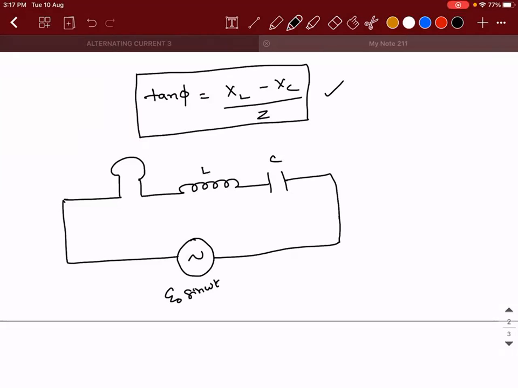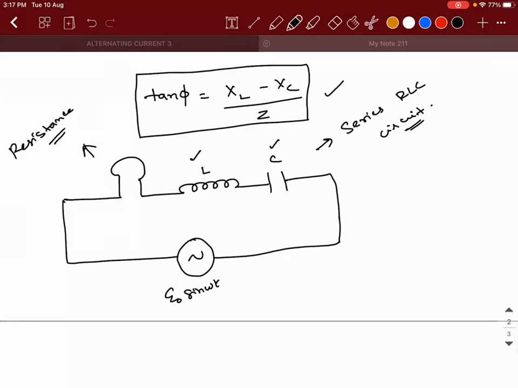Now, can I call this also as a series RLC circuit or LCR circuit? Logic is very simple. You have inductance and capacitance connected across a bulb. Bulb generally has what? It works on the principle of dissipation of heat. So bulb generally has resistance. Am I right? Yes, sir.